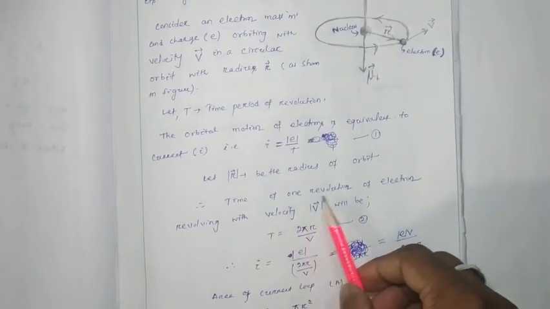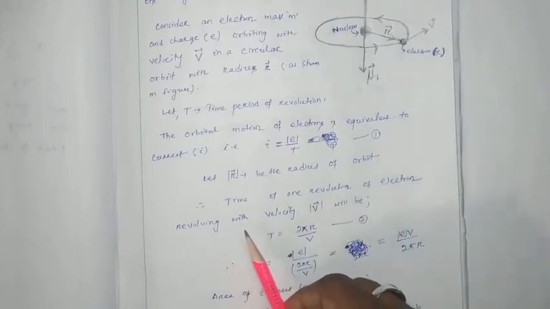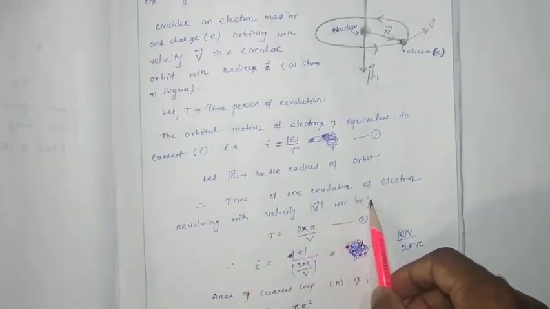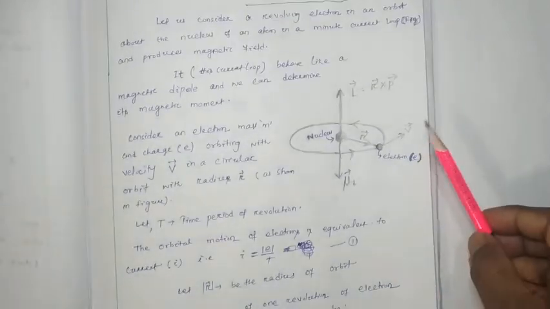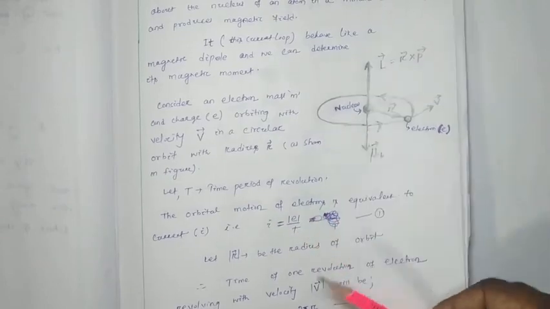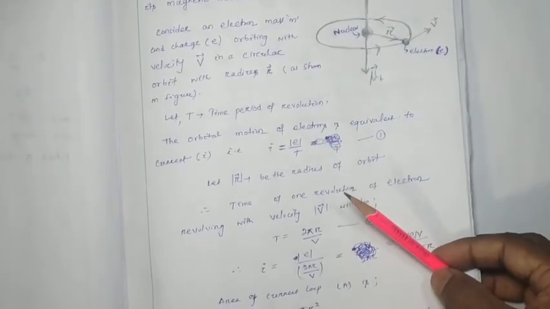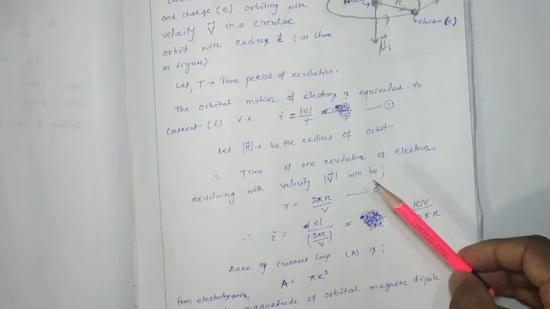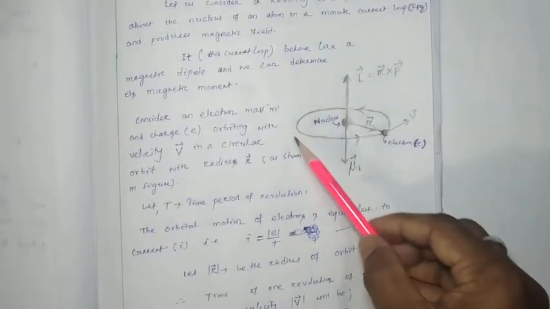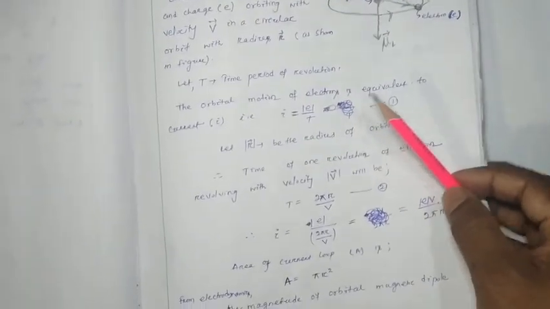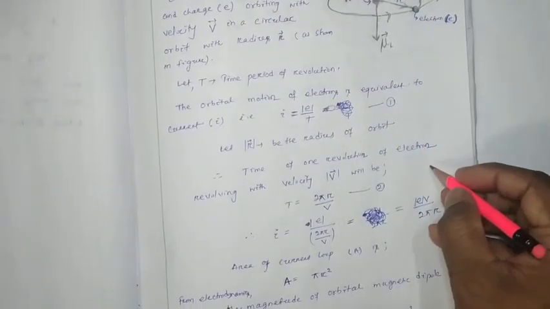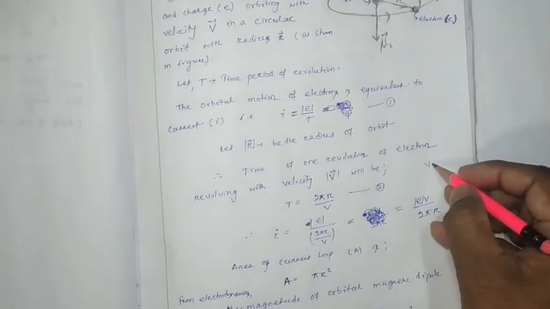The time of one revolution of the electron revolving with velocity v is found as follows.